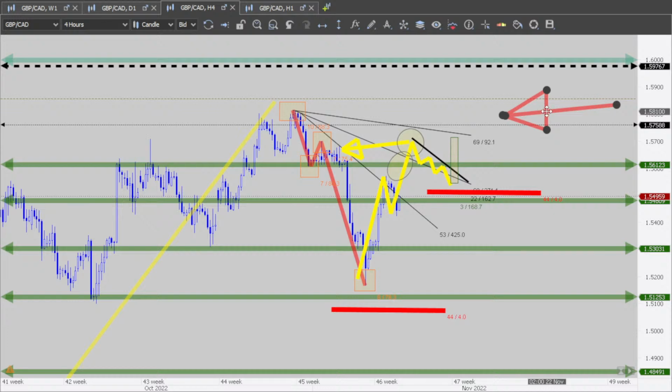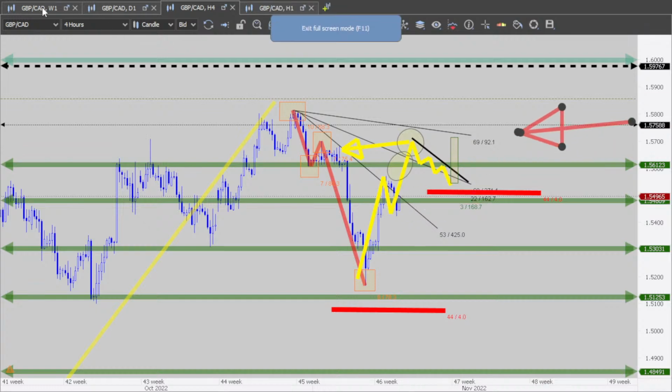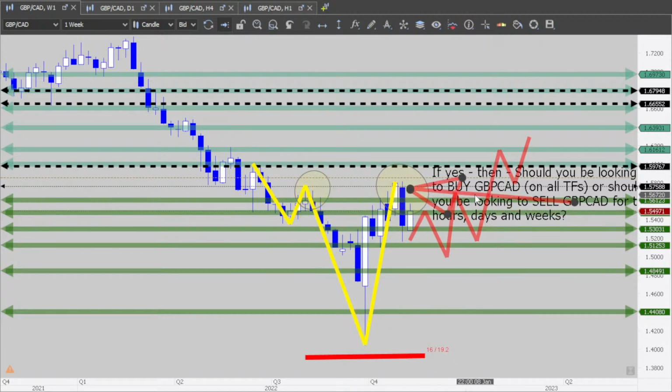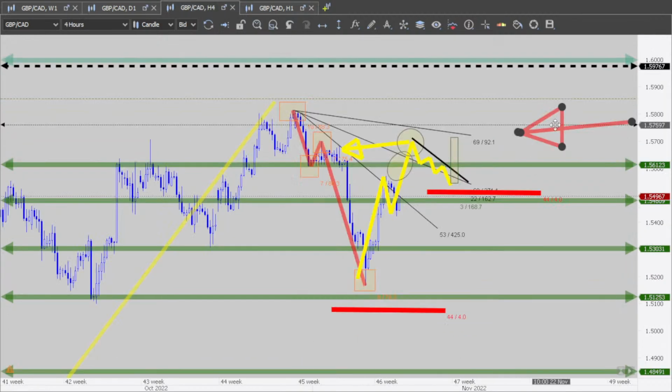Don't mix apples with bananas. This sequence of events that we just talked about is for how to enter on the weekly crown. Boss, can I trade the mini crown on the 4-hour chart? Yes, you can, but the entry is not going to be the same. It's going to be a different entry.